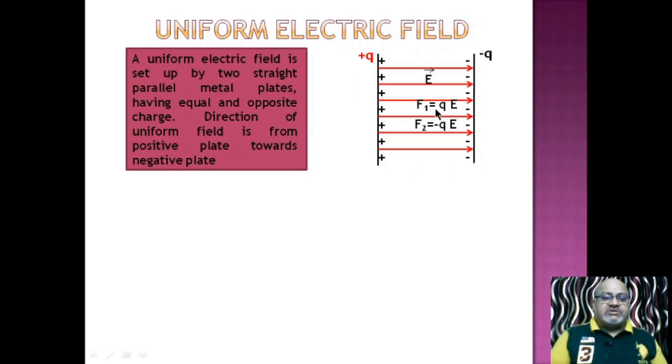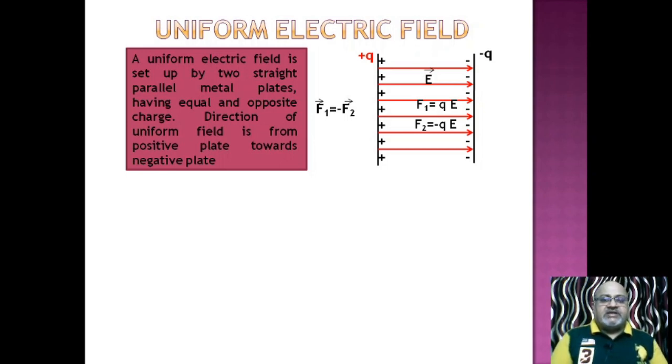F1 is the force on the positive charge, and direction of F1 is from left to right. F2 is the force on the negative Q charge, and its direction is from right to left. F1 and F2 are equal in magnitude, see, but opposite in direction. So here F1 vector is equal to minus F2 vector.